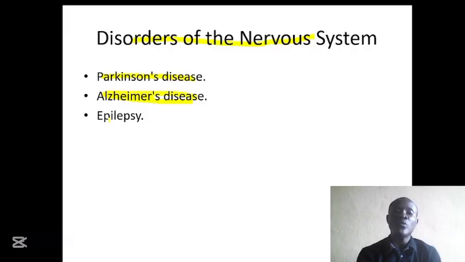And lastly, I'm going to talk about Huntington's disease. It is an inherited disease causing the breakdown of brain cells. So in this case, the person can experience cognitive decline and uncontrollable movement.